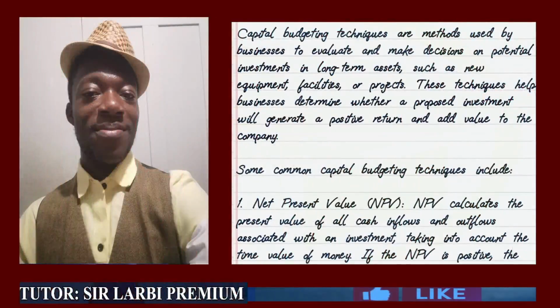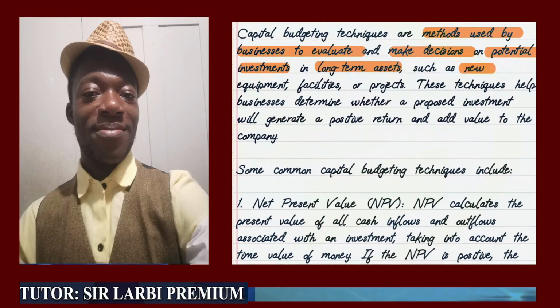So today we want to look at capital budgeting techniques, focusing on net present value. Before we get into the net present value, what are capital budgeting techniques? Capital budgeting techniques are the methods used by businesses to evaluate and make decisions on potential investments in a long-term asset, such as construction of new equipment, facilities, or a project.